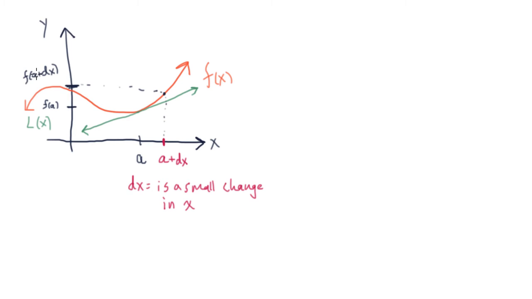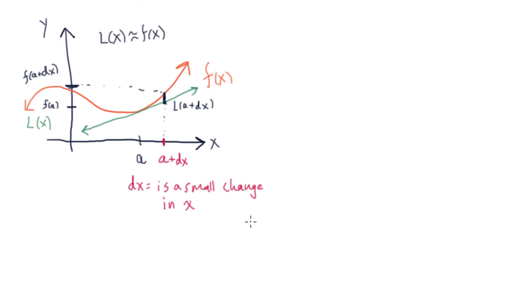But you see that where f of a plus dx is right here is not so far away from L of a plus dx. So if I go dx away from a and look at the value at f of x, it's not so different from the approximation on L of x. That's just what we were saying before, that L of x was not too different from f of x.